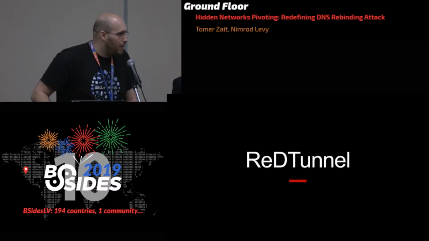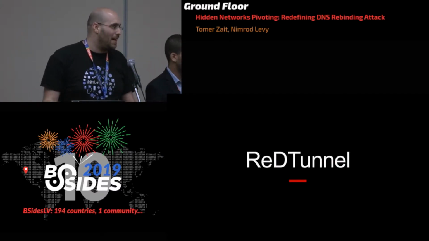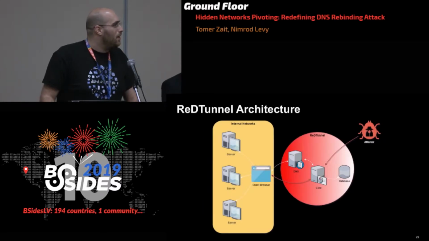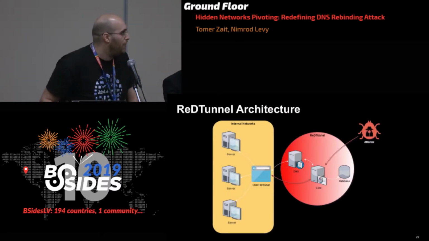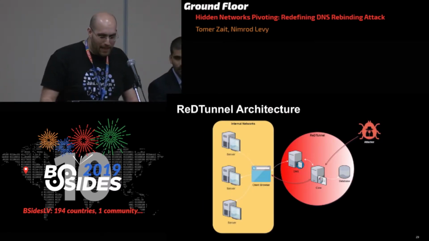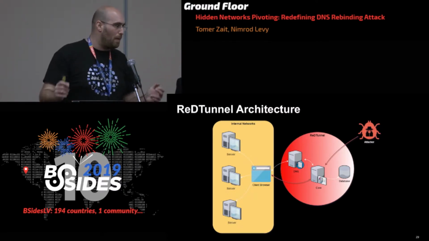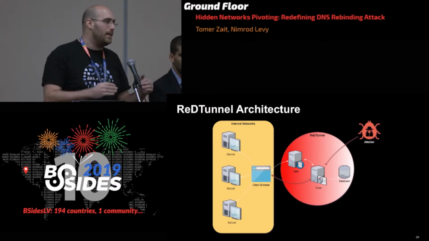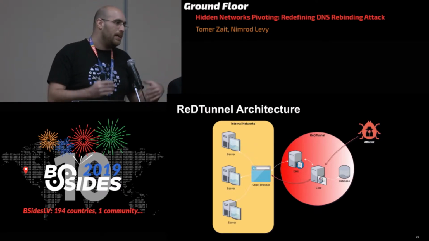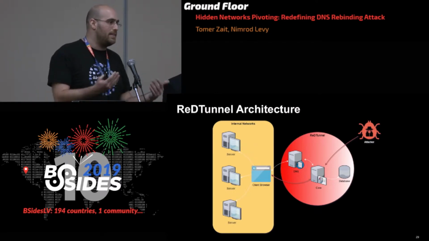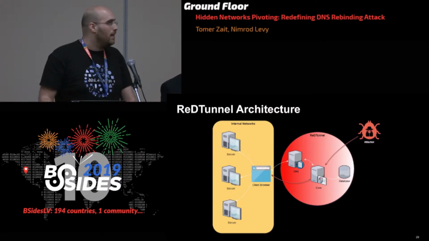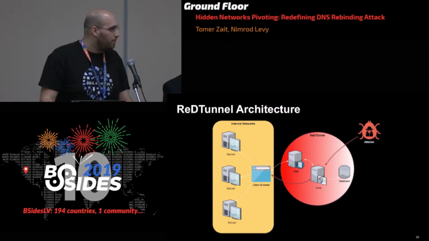So let's talk about Retinal and see how it works. This is the architecture of Retinal. You can see we have the core application. The core application is the malicious web application. It's also the command and control center, where the attacker can see all the assets of the victims, but it also attacks the client.